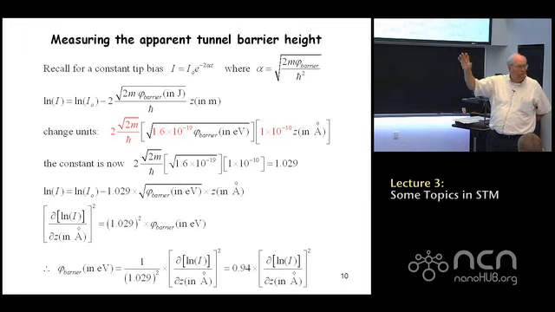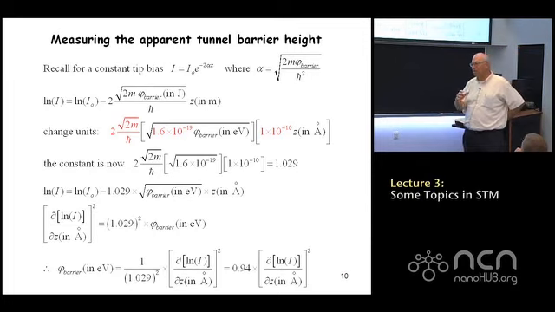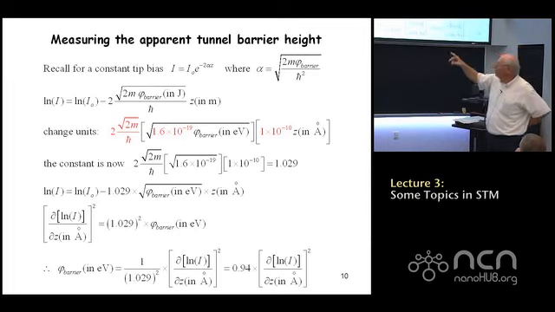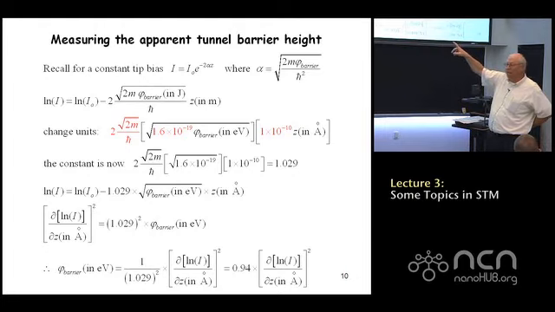So you'll see that 1.029 in the literature all the time. They rewrite the top equation, I equals I naught e to the minus 1.029 times the square root of the barrier in electron volts times z in angstroms.